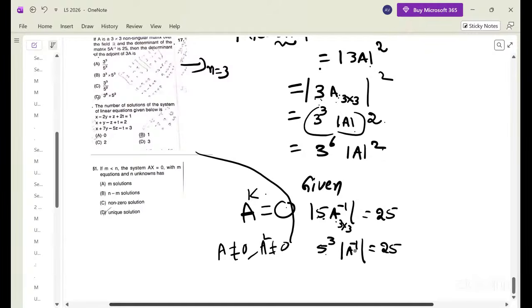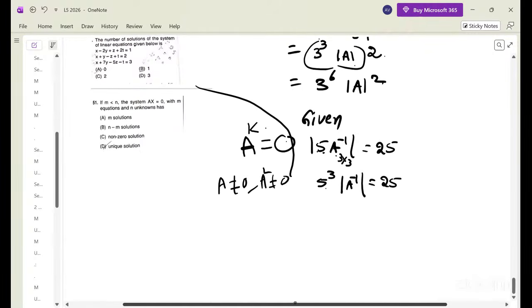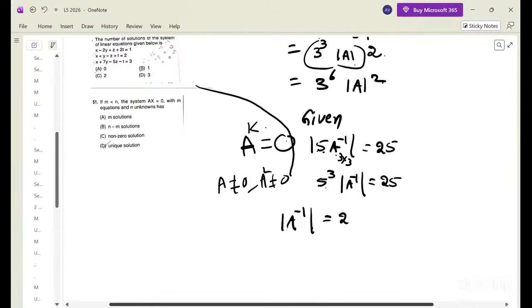Instead of A, you are having A inverse. So this will be that A inverse, 25 by 5 cube. That is 125. 5 into 5 into 5, 1 by 5. 5 cube is 5 into 5 into 5.